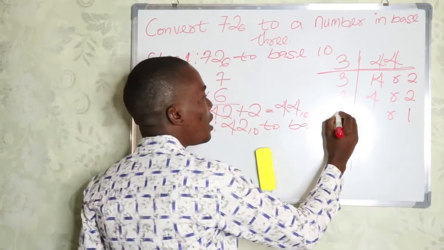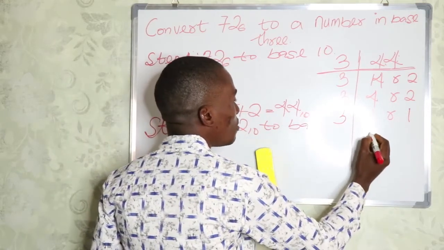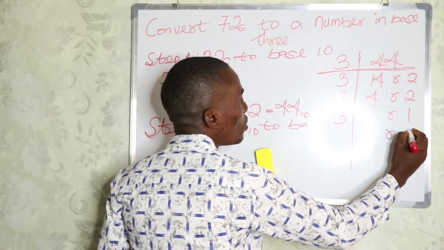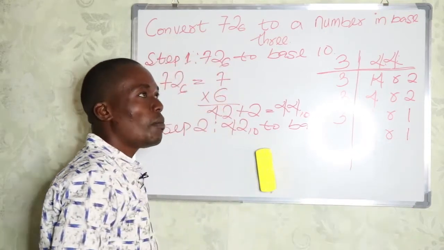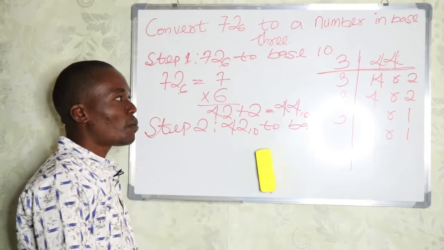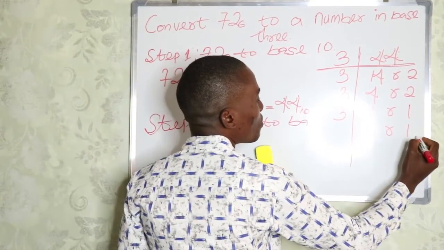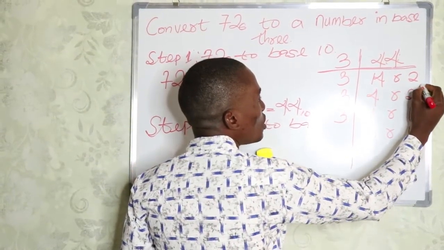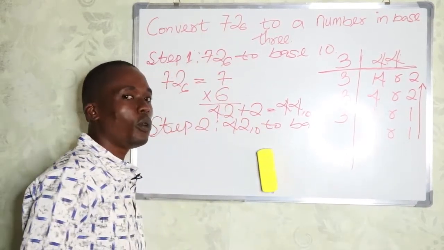Now 1 divided by 3 is going to give us 0, remainder what? 1. Now let's go about this. To convert this properly, you need to count the remainders from below to the top.